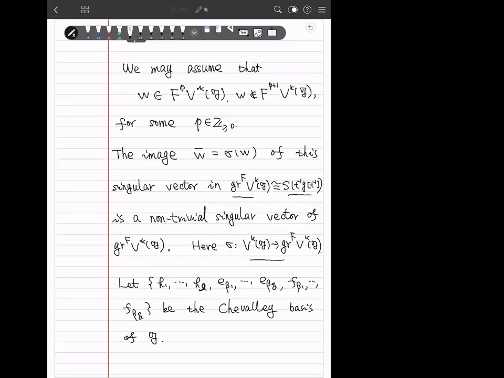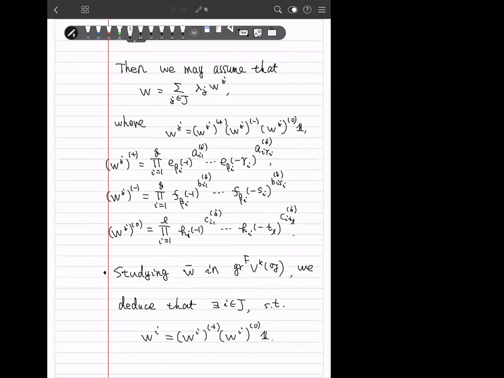Then we can choose the Chevalley basis of G. L is the rank of G, and beta 1 to beta q consist of the system of positive roots of G. Then we may assume that W is a sum of such terms, which we can always write in this way, in terms of E beta I, F beta I, and H. The first thing we have to do is study this W bar.